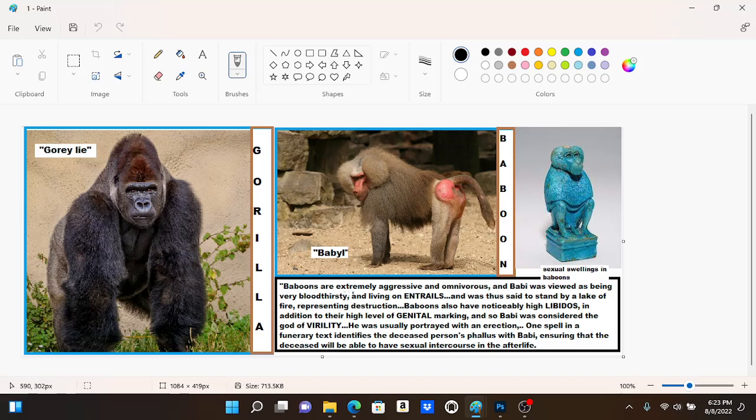But I'm going to read this real quickly. It says baboons are extremely aggressive. This was a reference source dealing with Egypt's beliefs in the baboon as being worshipped as a deity. It says baboons are extremely aggressive and omnivorous, and Babby was viewed as being very bloodthirsty. Isn't that interesting? Bloodthirsty. That's pretty much synonymous with religion throughout the history of human civilization, even to today.